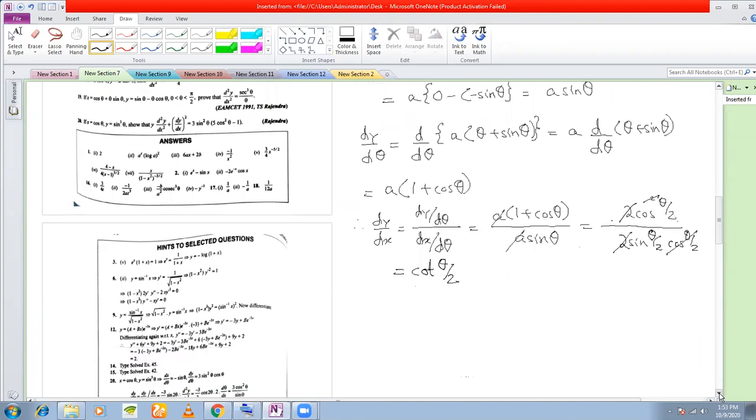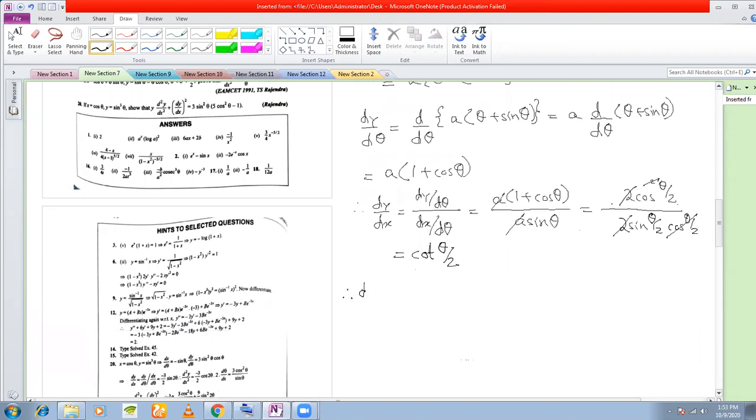Now we proceed to find d2y dx2. Therefore, d2y dx2 is d dx of dy dx. And what is dy dx? Cot theta by 2. And how do you differentiate cot theta by 2 with respect to x? First, you differentiate it with respect to theta.